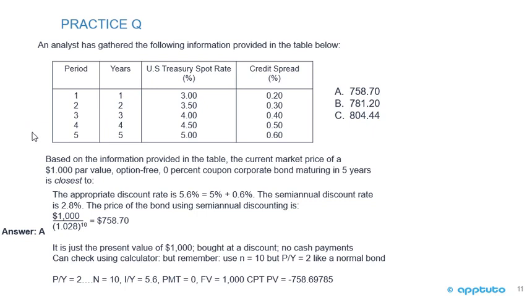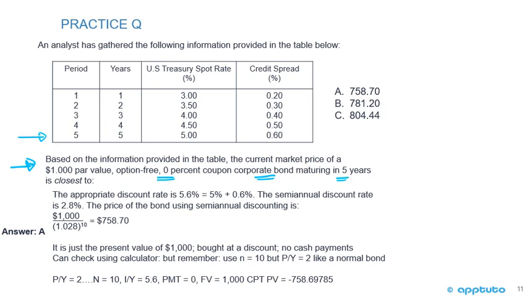I like this question because it brings up a couple of points that you really have to pay attention to. I often like to see questions on zero coupons. The question is asking, based on the information provided in the table, the current market price of a $1,000 par value option-free 0% coupon corporate bond maturing in 5 years. There's a little trick here.